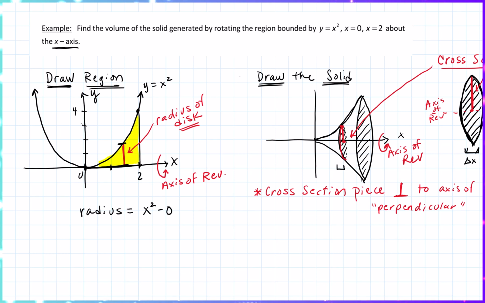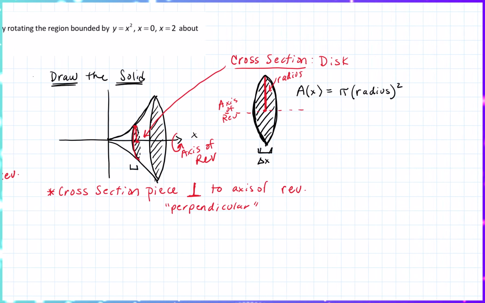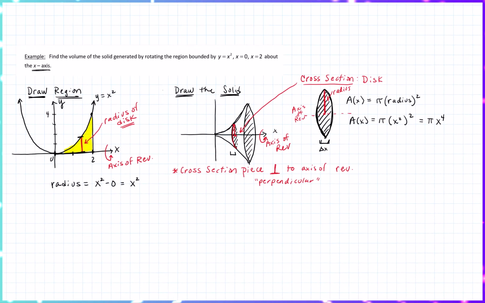I think that corresponds nicely with when we were calculating areas, right? Function on the top minus the function on the bottom gives us that height, that radius right there. So the radius is x squared, and I can plug that back in over here. So the area function is pi times x squared squared, which of course is just pi times x to the 4th.